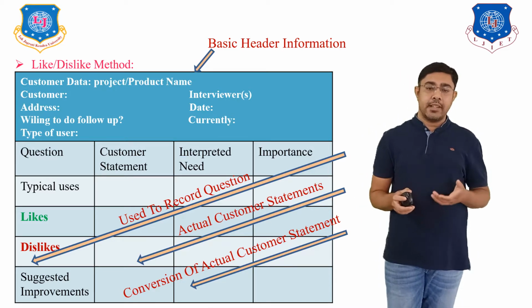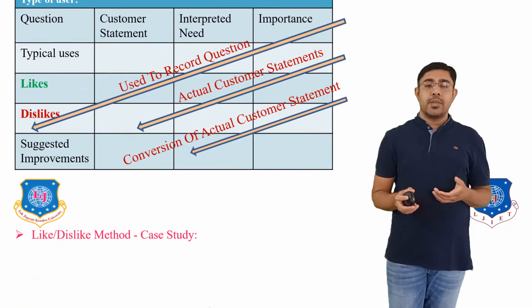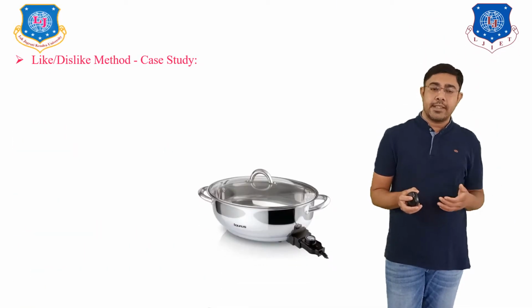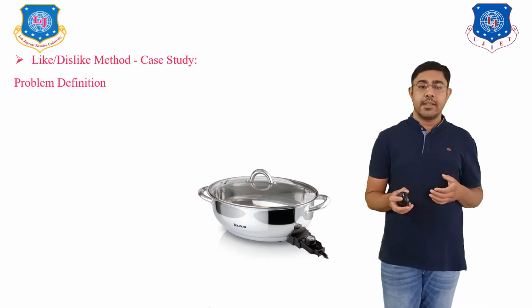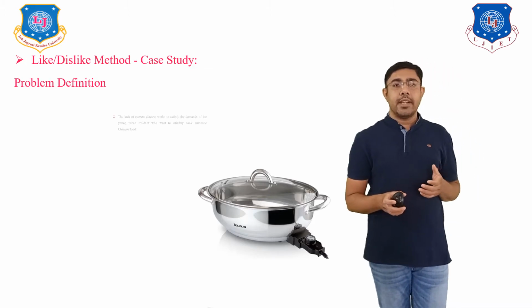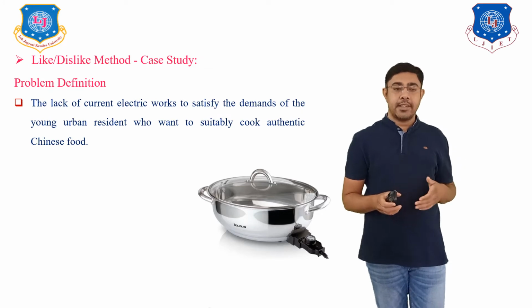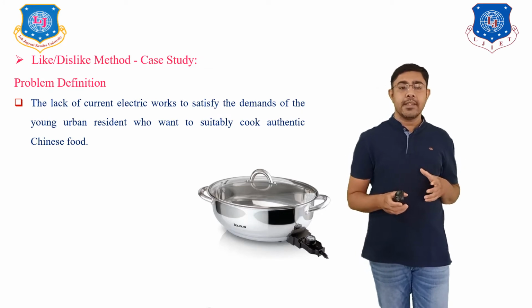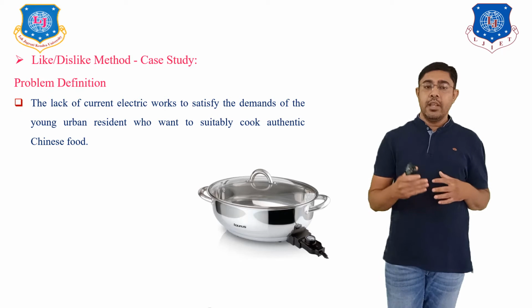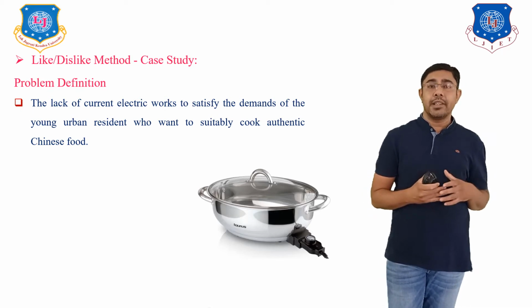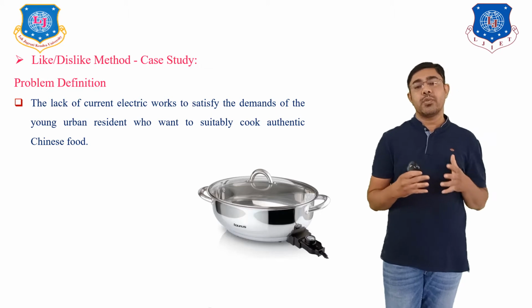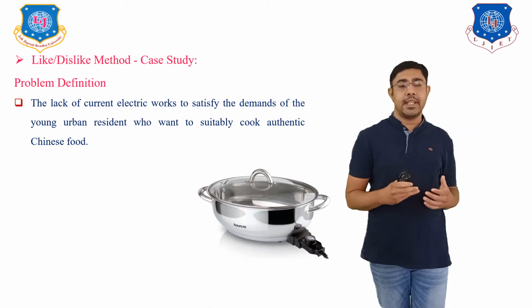So let's start the case study. First, the problem definition. Our problem definition is the lack of current electric woks to satisfy the demand of young urban residents who want to conveniently cook authentic Chinese food.